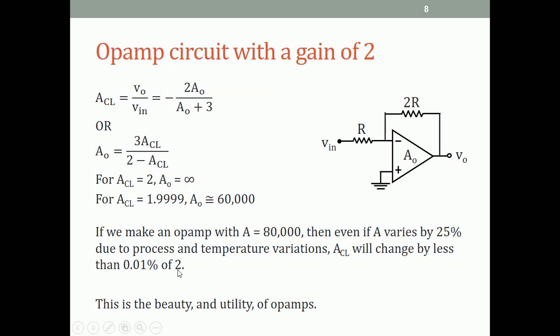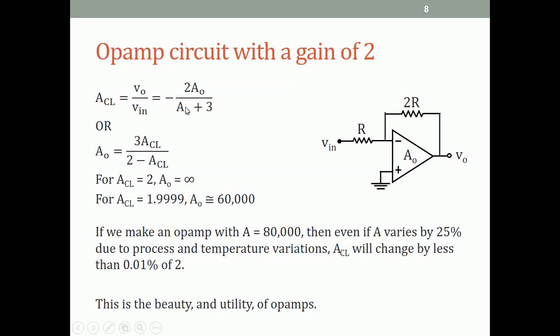This is the beauty and the utility of high gain amplifiers. Even if the high gain of 80,000 varies by 25%, and it will vary because we don't have control over process and temperature so much that we can prevent it from varying, the fact that it is so high makes its effect on the closed loop gain very small.